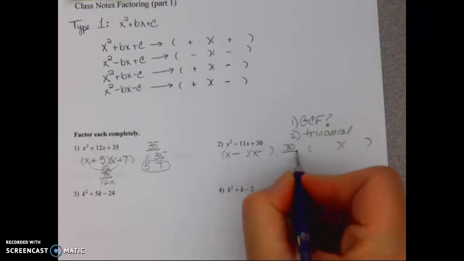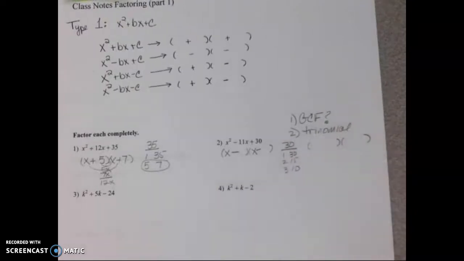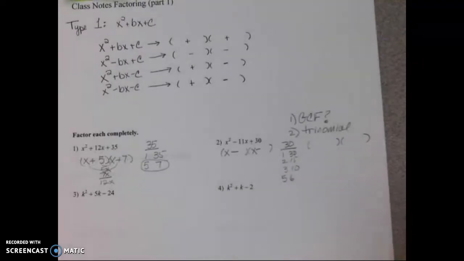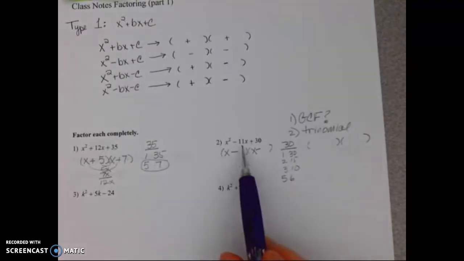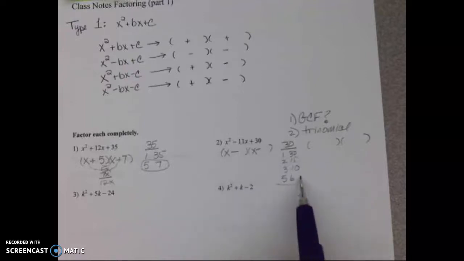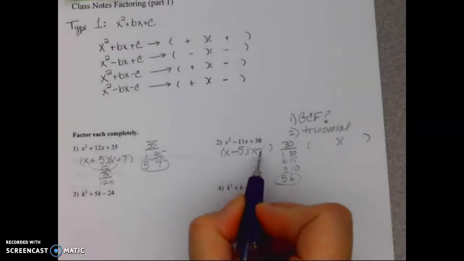Factors of 30 are 1 and 30, 2 and 15, 3 and 10, 4 and 5, 5 and 6. Which of these, when you add them together, get me to 11? Factors of 30 that add to 11. Oh, there it is.